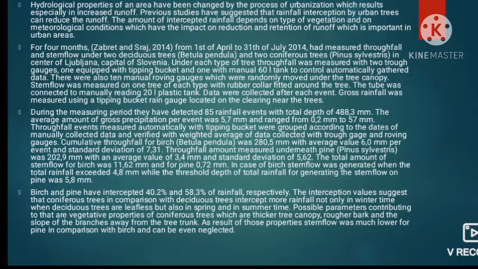Throughfall events measured automatically with the tipping bucket were grouped according to the dates of manually collected data and verified with the weighted average of data collected with throughfall gauges and roving gauges.